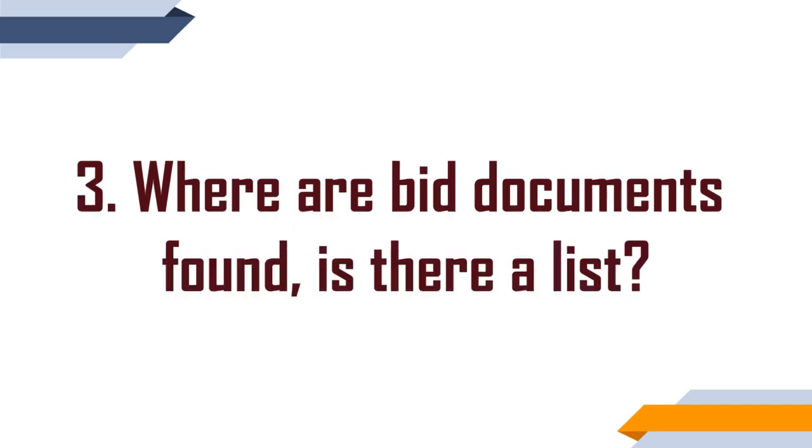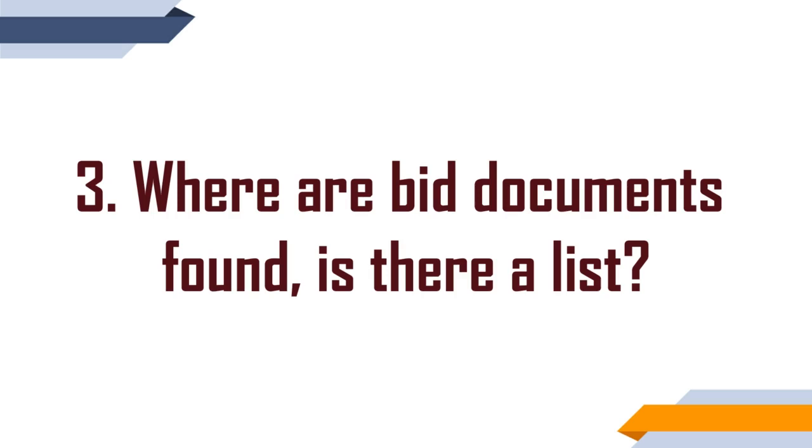All right. So where are bid documents found? Is there a list, or where can I find this? Often your bid documents will be indicated in a list somewhere within the ITB. As an example, a lot of ITBs have what's called a checklist of submission.